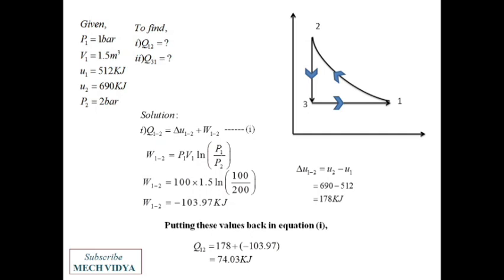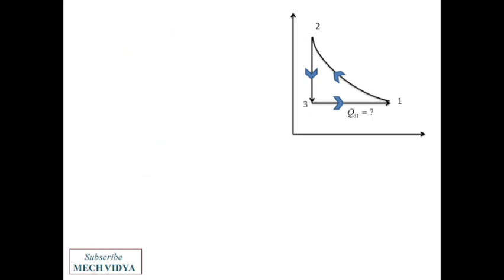Okay, so the first part is over. Now only one thing is left: in the second part, we have to find the value of Q31 during the process 3 to 1. Again writing the first law of thermodynamics, Q31 can be written as del U31 plus W31. Let it be equation number 2.